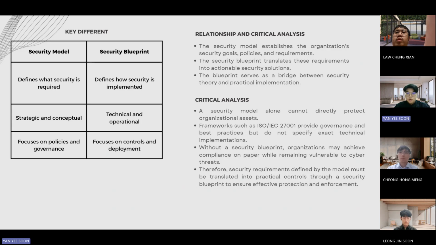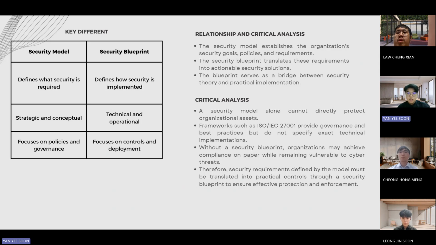Critically, adopting a security model alone does not guarantee effective security. Frameworks such as ISO 27001 provide valuable guidance and governance, but they cannot directly protect the organization's assets. Without the security blueprint, organizations may remain vulnerable to cyber threats due to weak implementation.